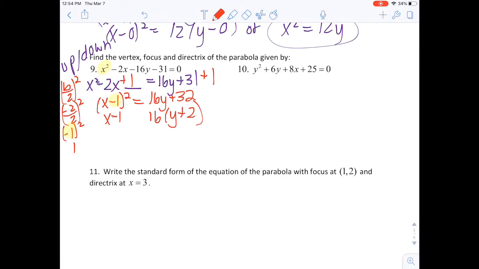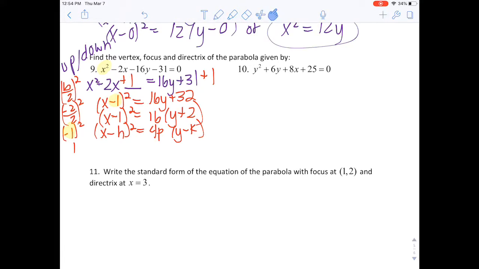Okay, and now we're in the nice form: x minus h squared equals 4p times y minus k. That's in that form. So now we can figure out what the vertex, focus, and directrix is.